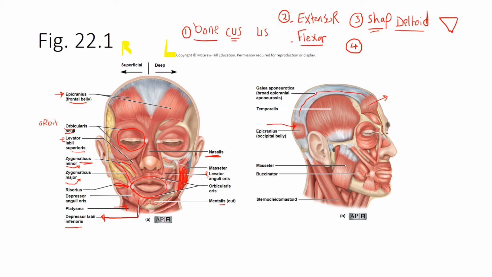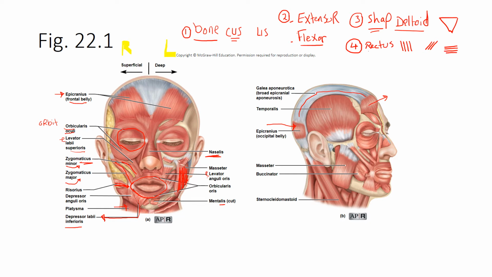The other category will be the direction of the muscle fibers, and you're going to find this clearly in the abdominal muscles. If they tell you rectus abdominis, that means the muscle fibers go straight up like this. If it tells you external oblique, that means the muscle fibers are tilted, oblique, not straight.